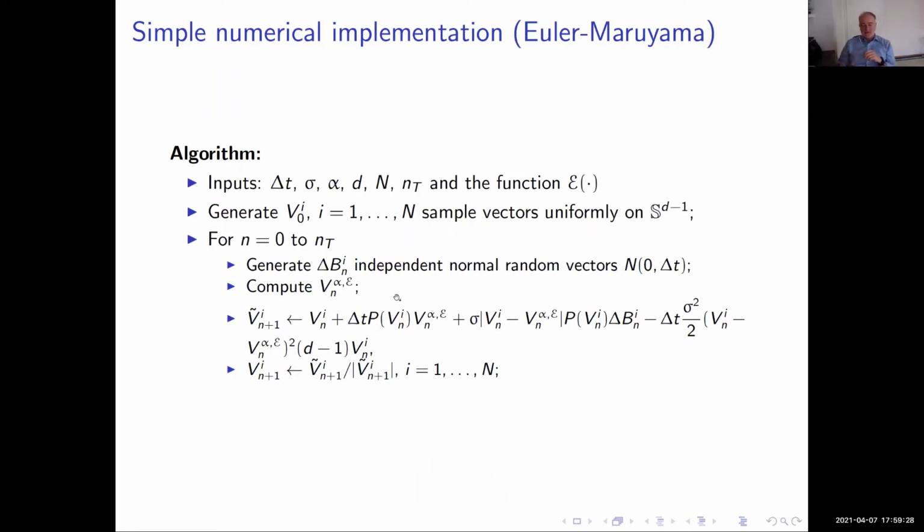This kind of method is a method of order 1/2, and one can show that the introduction of this projection renormalization does not change the order, and it is a classical method of approximation for this stochastic differential equation. So this is the actual optimization algorithm that you would implement on the computer.